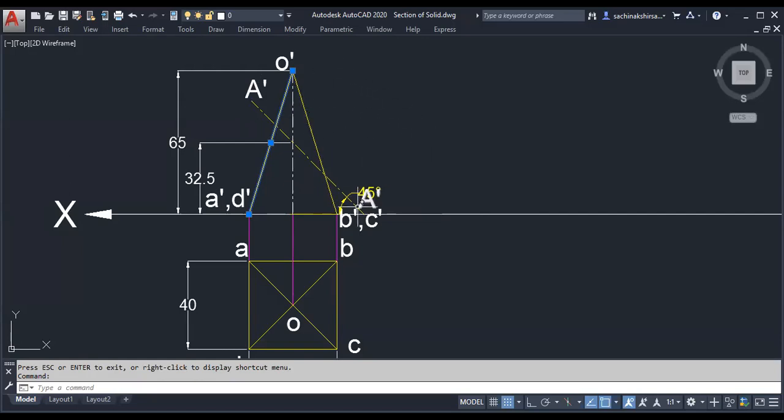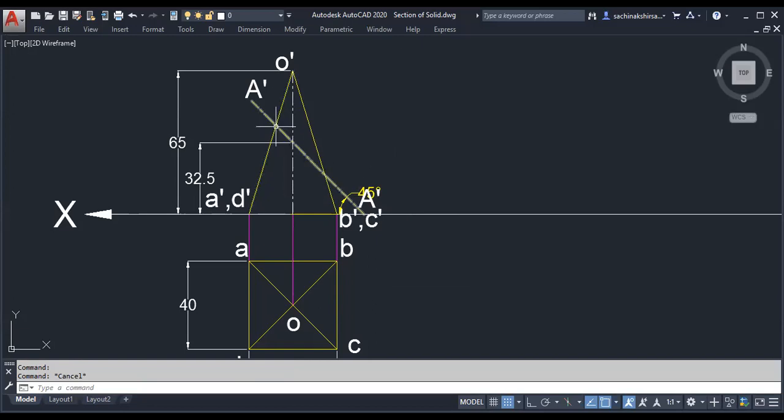No. Where this cutting plane is cutting these edges, the inclined edges, which edges are there, or are 2 edges there? Inclined edges, okay. Before that, this A dash cutting plane is cutting how many edges at this stage?